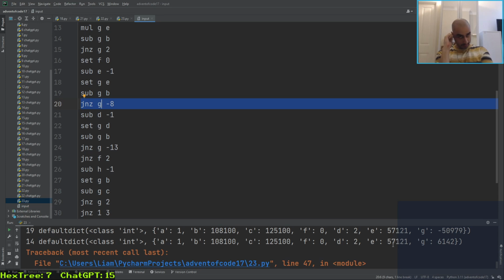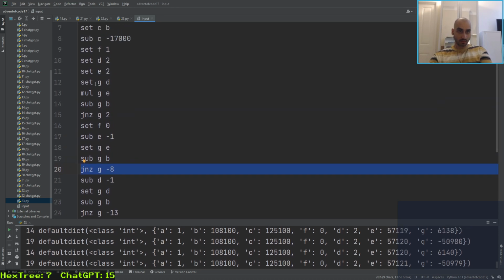ZG minus 8. Alright, let's see. What is it doing in this loop? So it goes back 8, so it goes here. Set G to be D. Alright, multiply G by E. Okay. Subtract B from G. Fine.